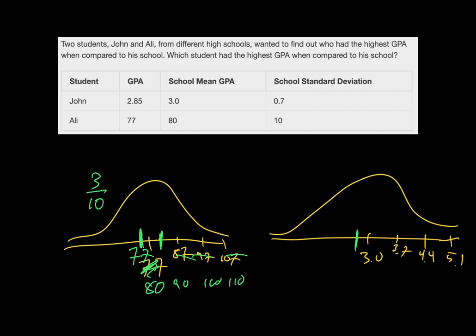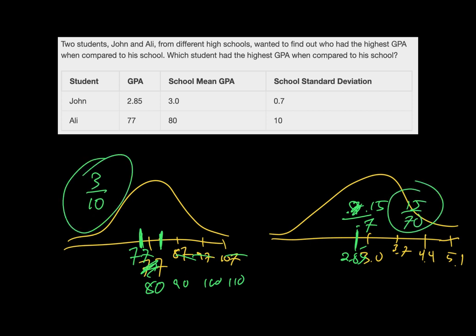This person is 0.7 out of, or 2.85. 2.85 is 0.15 out of 0.7 below. Harder to see what that is, but that would be 15 out of 70. How does that compare to that? And that'll tell you who's relatively in a different position.